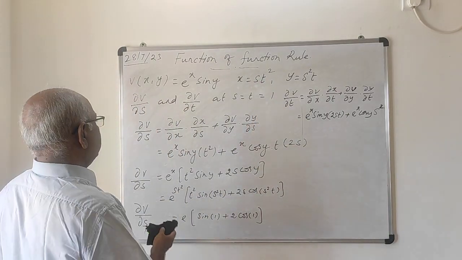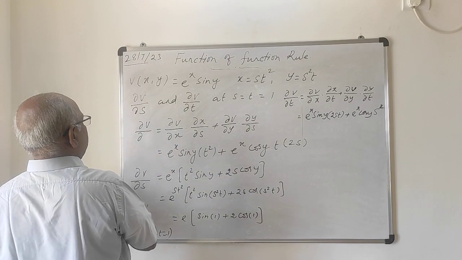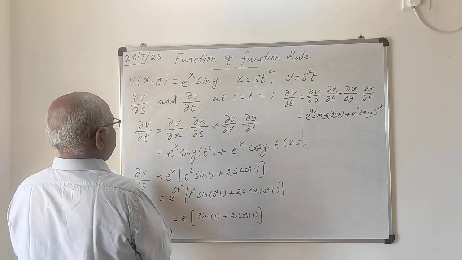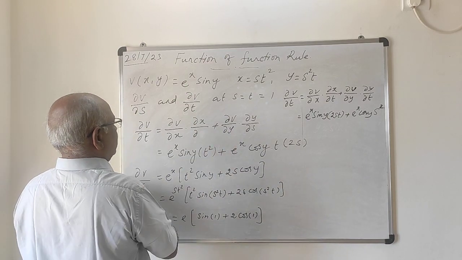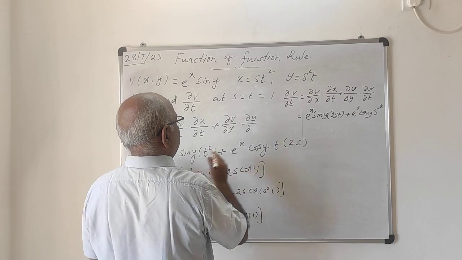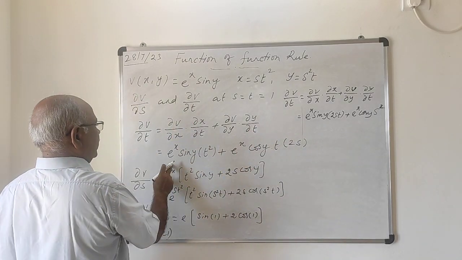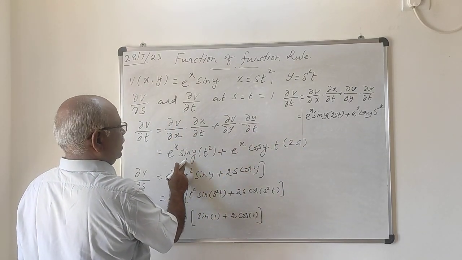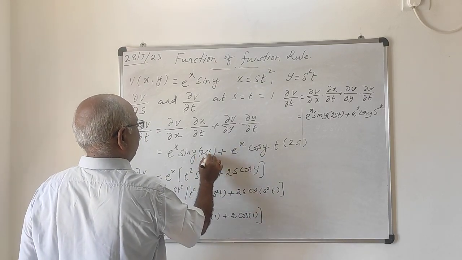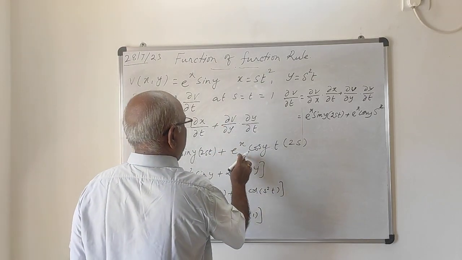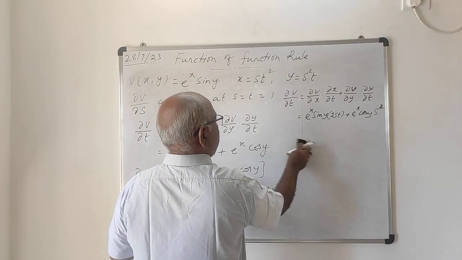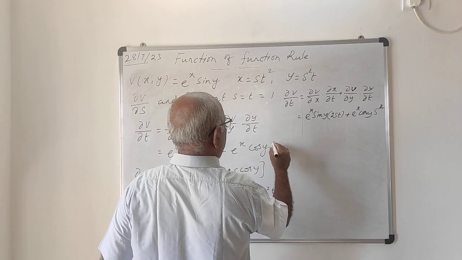I am rewriting here dou v by dou t equal to dou v by dou x into dou x by dou t plus dou v by dou y into dou y by dou t. Dou v by dou x is e power x sin y into 2st, plus dou v by dou y is e power x cos y into dy by dt, derivative of t into 1, s square.